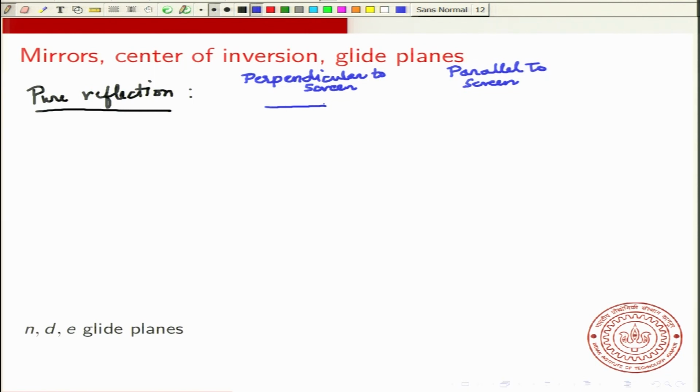If it is parallel to the screen, then usually you draw lines along the crystallographic axes, so this indicates a reflection that is parallel to the screen. In case it's a tetragonal cell, you will have something like this.